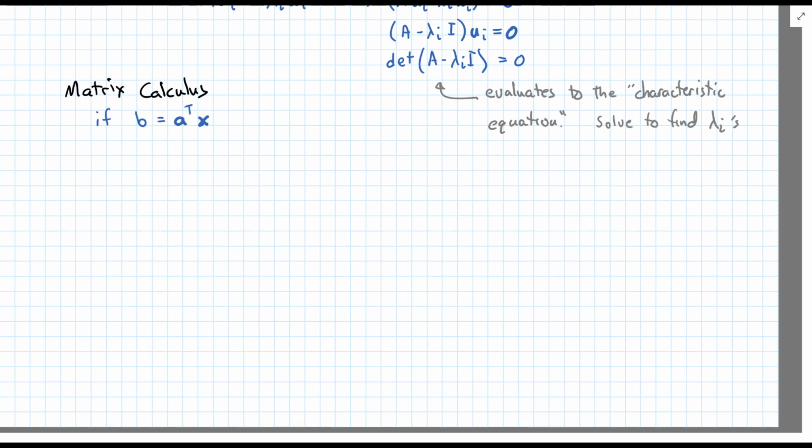So suppose we have B is equal to A transpose X, where A is a column vector and X is a column vector. So the resulting inner product is going to be a scalar B, and that can be written as B is equal to A1 X1 plus A2 X2, so on and so forth, up to AN XN, where the A sub i's and the X sub i's are the elements of A and X vectors respectively.